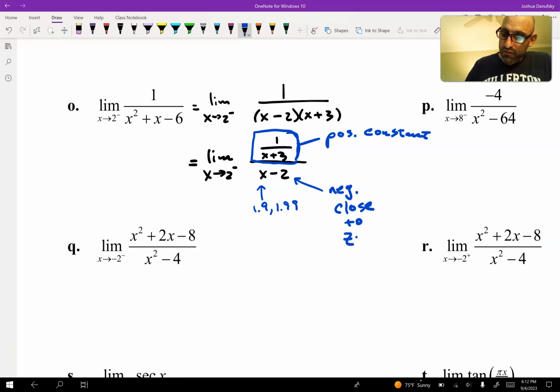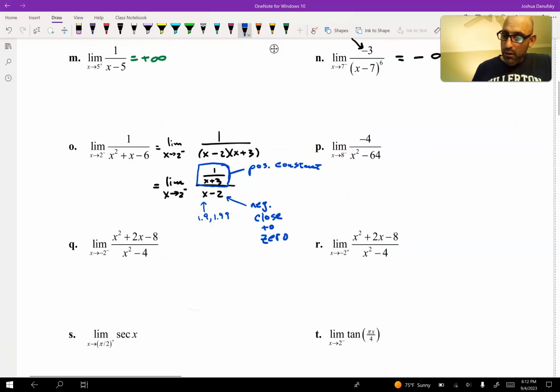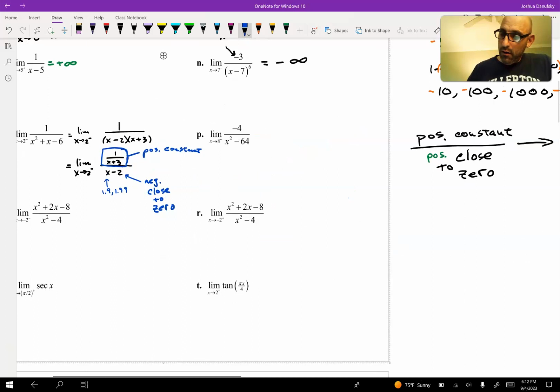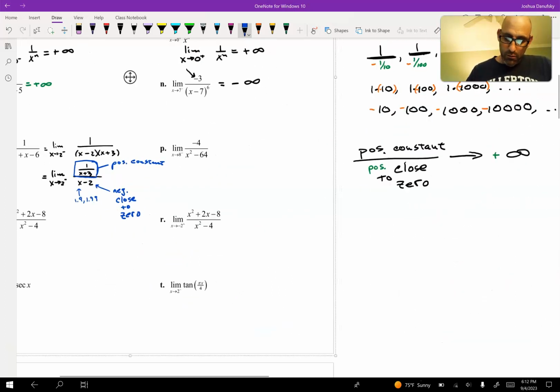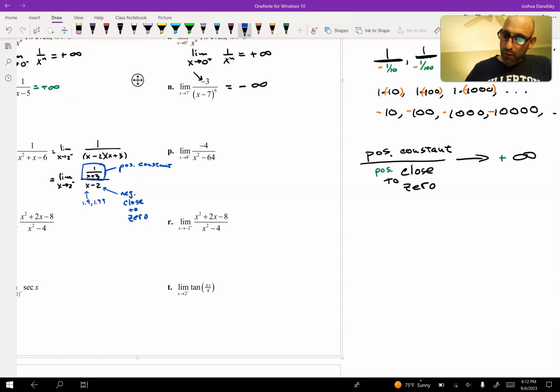Okay, and so we've seen this a bunch of times already, right? I think we had it over here. Positive constant. So we have positive constant, and then we have negative close to 0. That's going to give us a negative infinity, right?